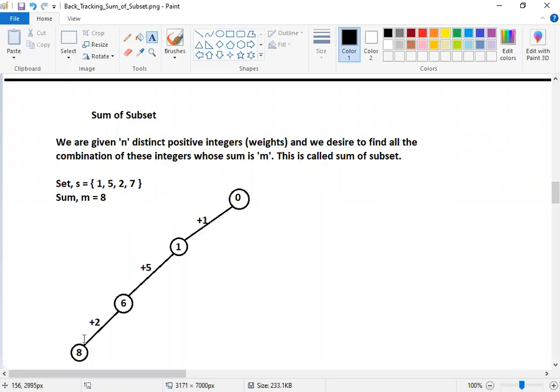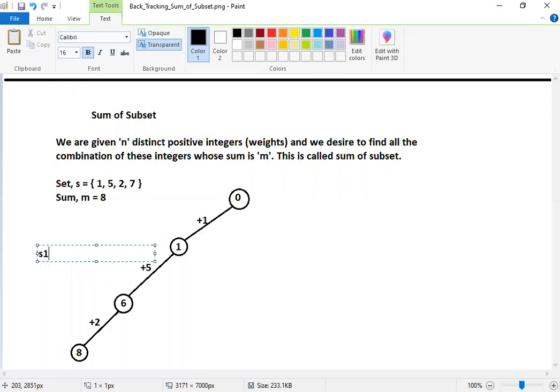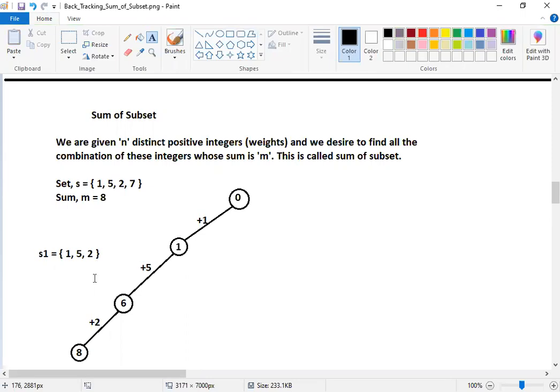That solution is a subset which produces the sum 8. What are the values I need to consider? I need to consider 1, 5, and 2. That will give me the first subset. So the subset S1 is: I considered 1, I considered 5, and then I considered 2, and that gave me the total sum as 8. Is this flow understood?